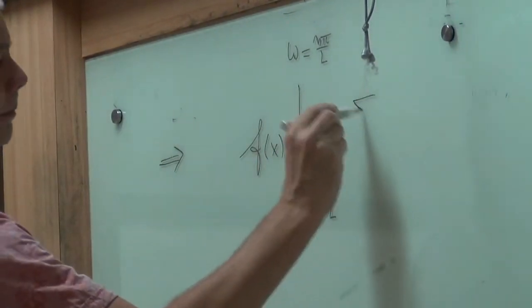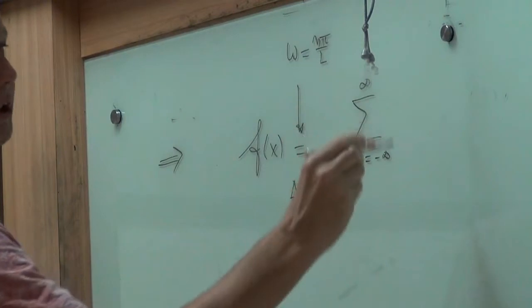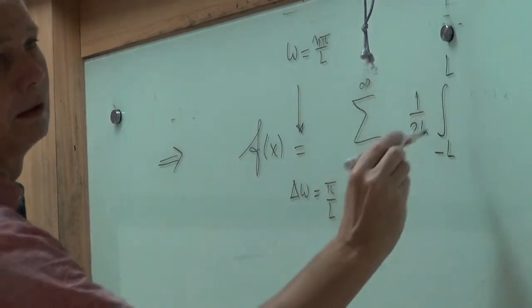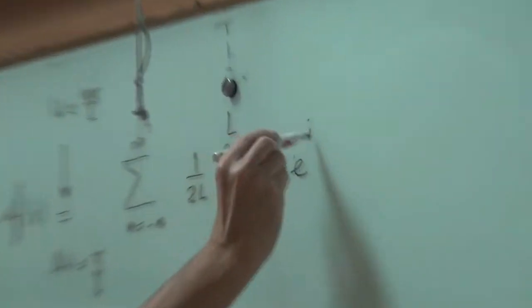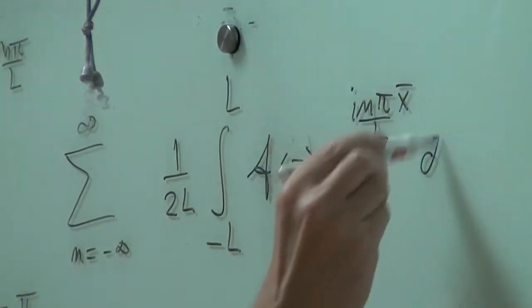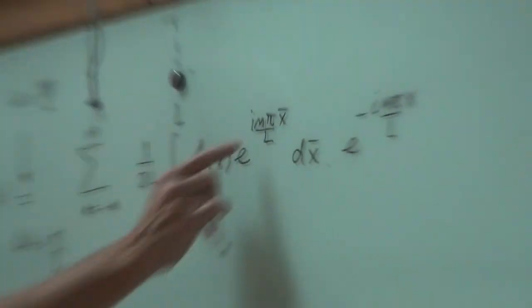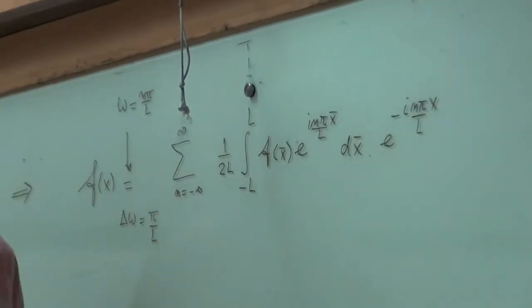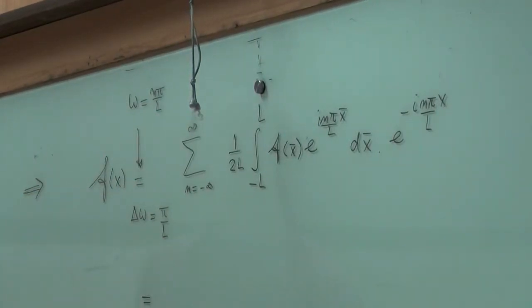That is a sum, n from minus infinity to plus infinity, Cn, I will substitute Cn, that's 1 over 2L, integral from minus L to L, f of x bar e to the power I n pi x bar over L dx bar times e to the power minus I n pi x over L. And I use here an x bar because this is a constant and I don't want to have confusion with this x and that x over there.